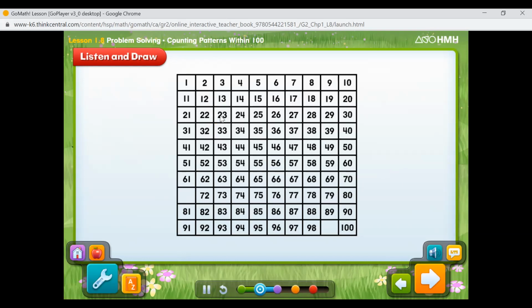Select where 71 belongs in the chart. 71 is just before 72. Think about the number just before 100. Then select the space to show the number. 99 is just before 100.